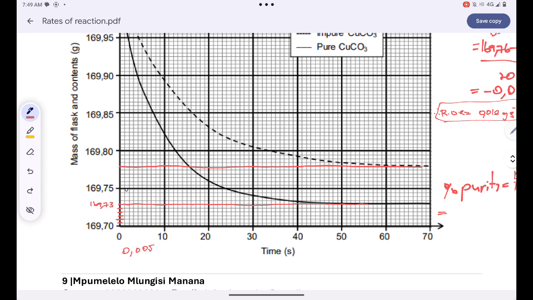So I'll simply have 169.755, 169.76, 169.765, 169.77, and that value over there will just be 169.78.